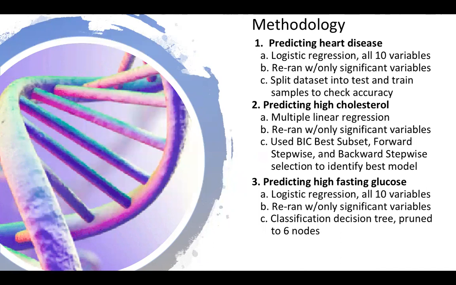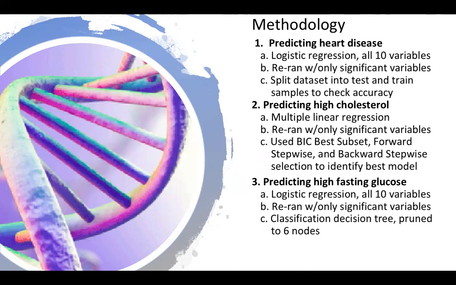To test our second hypothesis, we ran a multiple linear regression because the outcome variable of interest was continuous. We then reran the regression using only the variables that were statistically significant. And we used the BIC best subset, the forward stepwise, and the backward stepwise selection methods to identify the best model.